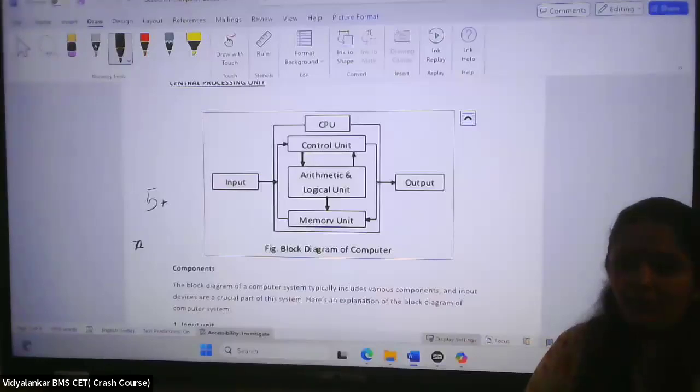In primary, write RAM. What's the full form for RAM? Random access memory. And I want you to write this, that it stores what? Currently executing processes.